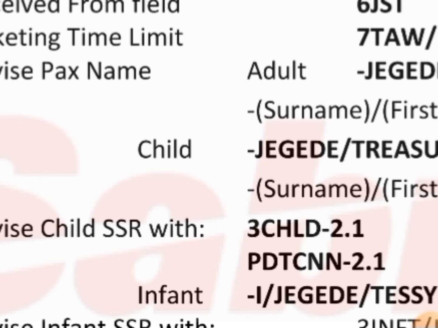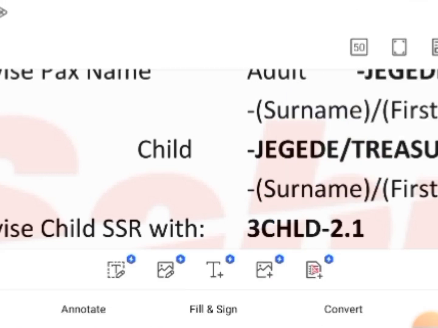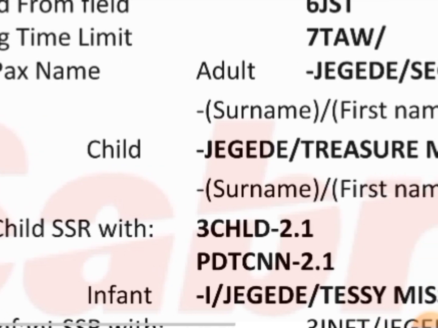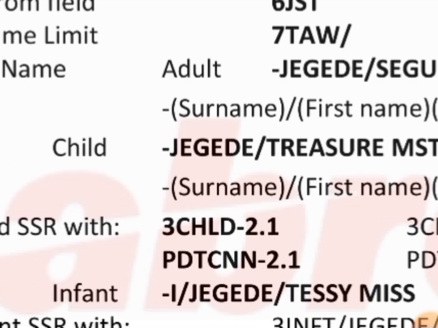So for you to send the SSR message to the airline, you do 3 Charlie Hotel Lima Delta /2.1. 2.1 is the name item for the child.